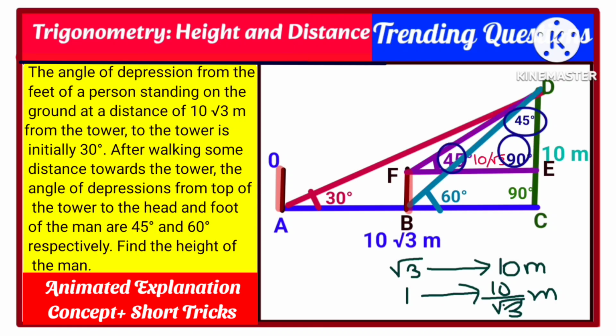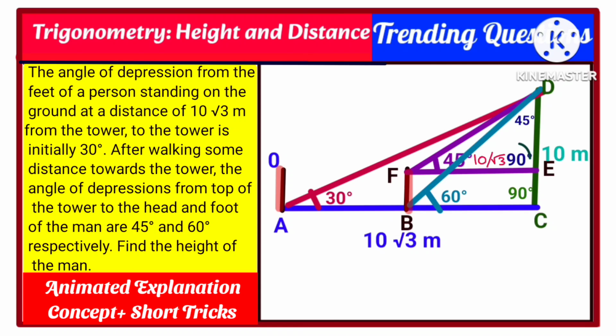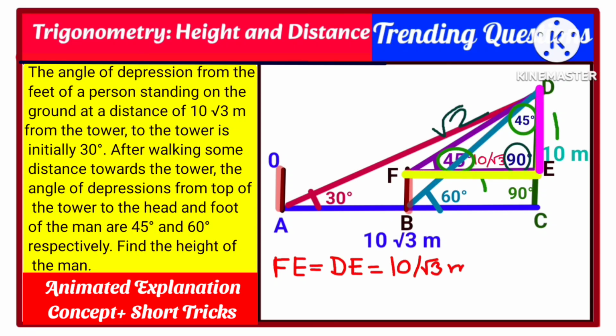Another trick that will be helpful for you is that in a triangle where we have the angles 45, 45 and 90 degree, in front of 90 degree the side is root 2 unit, and in front of 45 degrees it will be 1 unit each. So here FE, that is 1 unit, is in actual 10 root 3. Therefore DE, that is also 1 unit, will also be 10 root 3.